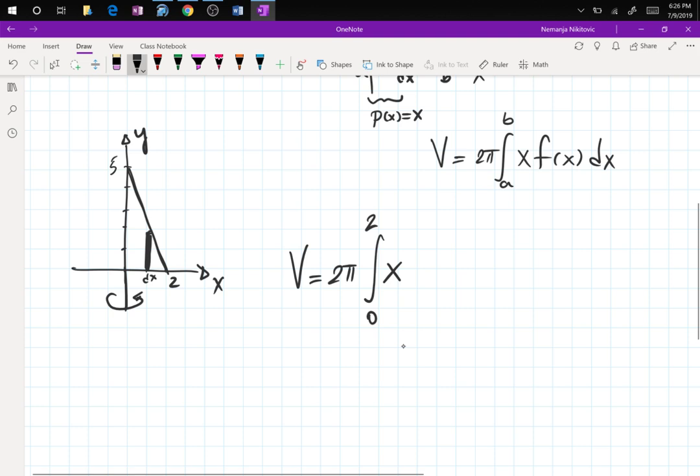And now your f of x, which is the height of this representative rectangle, which is stuck between the function and 0 on the bottom, so we don't have to subtract anything.